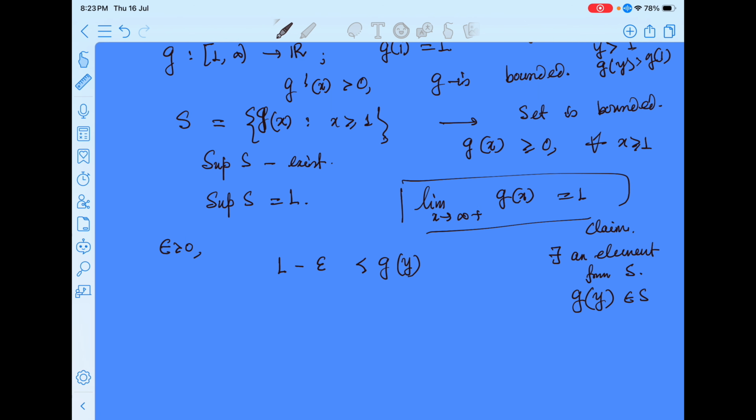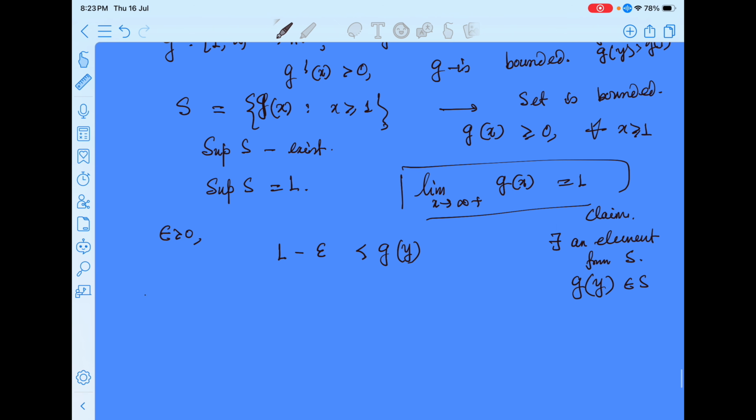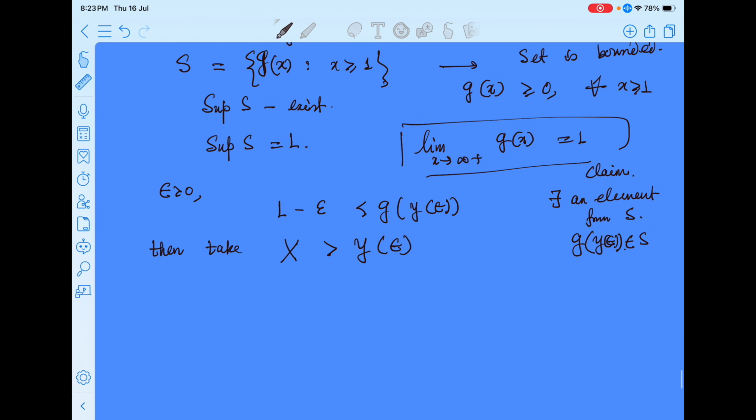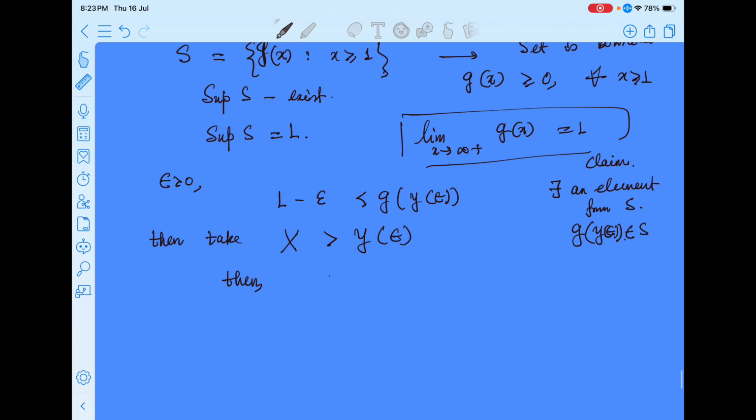This is by the definition of supremum. Now this y actually depends on the epsilon, so you can just write it as y epsilon. Then take an arbitrary x which is strictly bigger than y epsilon. Then as g is strictly increasing, g(x) is bigger than g(y epsilon), which is bigger than L minus epsilon.